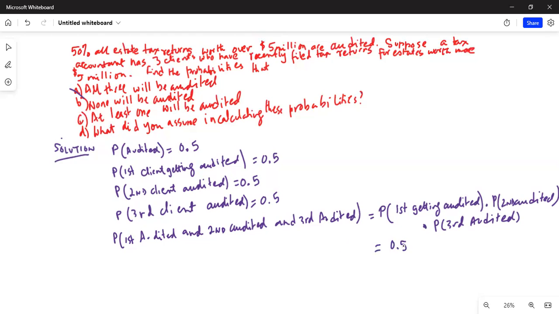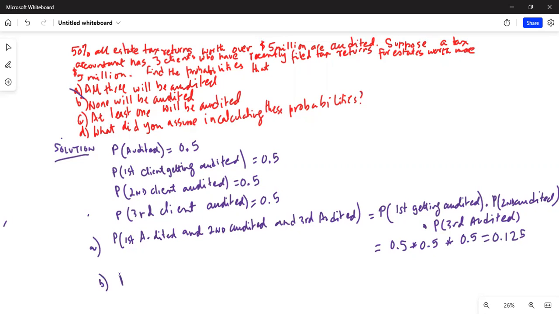So 0.5 times 0.5 times 0.5 is equal to 0.125. That is the answer to part A.